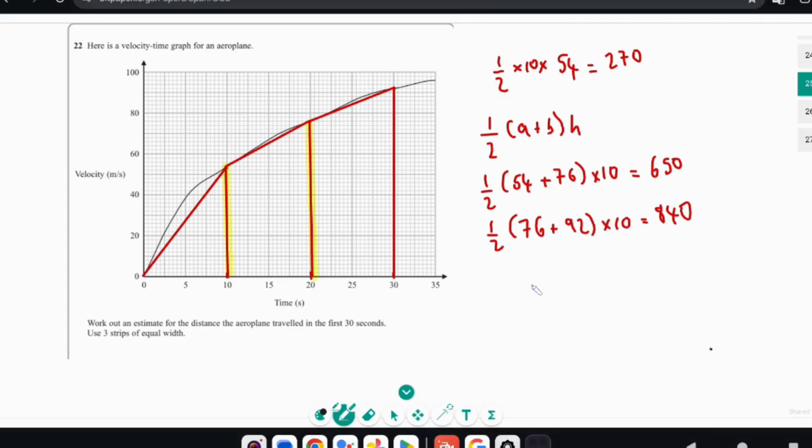Gives us the total area or distance covered by the plane, 1,760 metres.